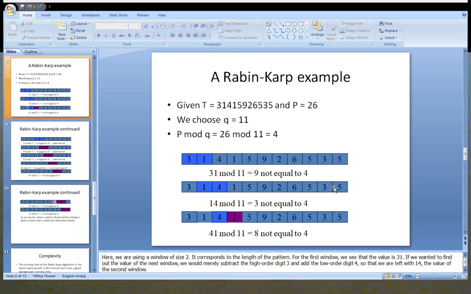So we shall check two elements in each pass for a possible match. In the first pass, we consider 31 and take 31 mod 11. That equals 9, which is not equal to the p mod q value, 4. So we shall not perform one-by-one matching.